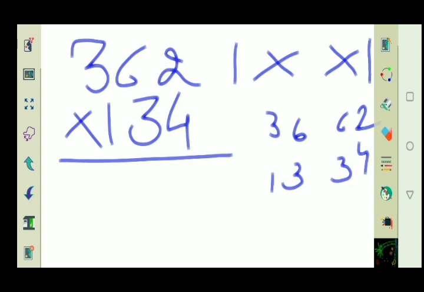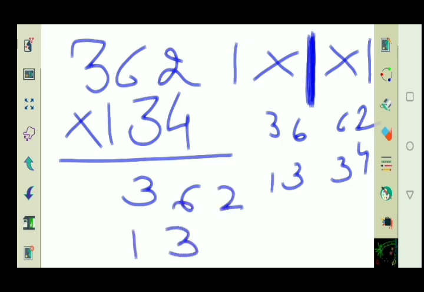But here in between, we are to multiply all the 3 digits in a way that we add them vertically and crosswise both. That is 3, 6, 2, 1, 3, 4.